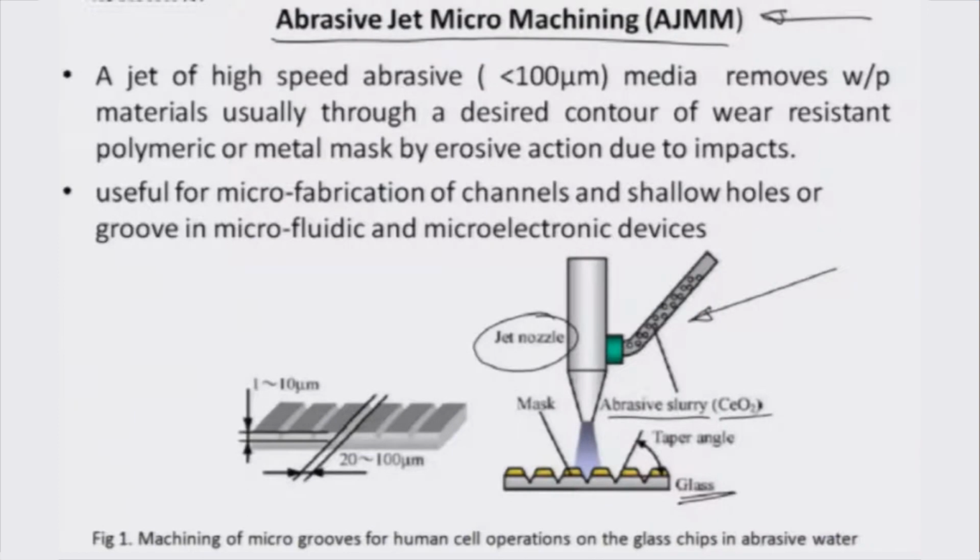Thus this is actually an AWJ process which is being utilized for the purpose of micromachining.